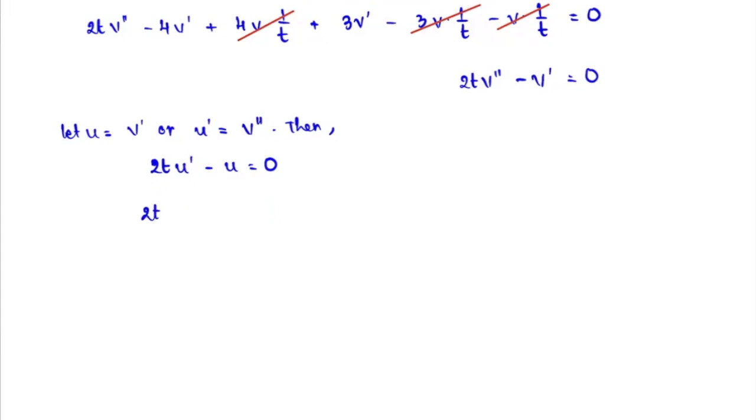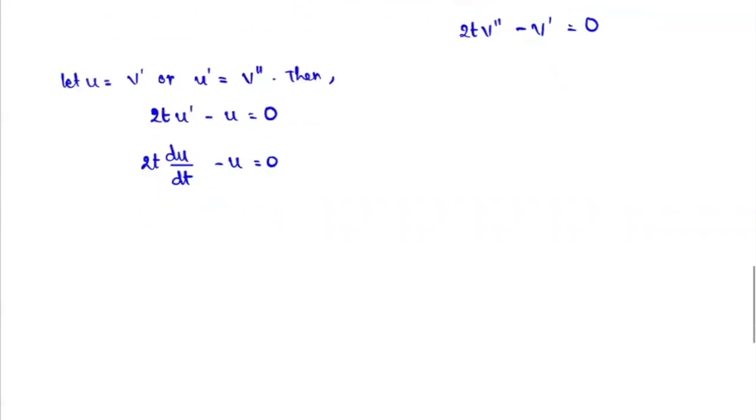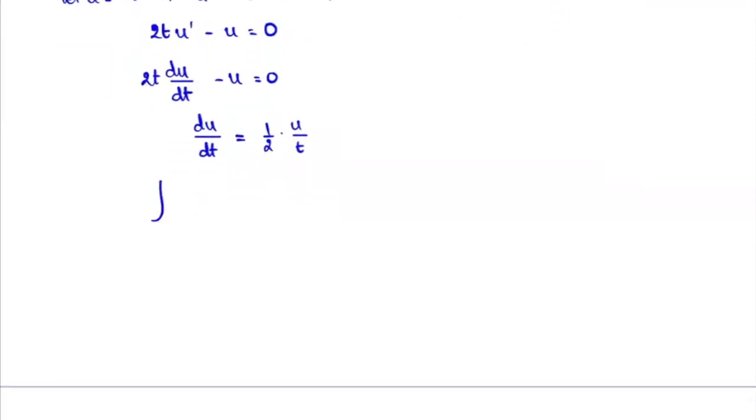You have 2t times du dt minus u, and this is a separable equation. We can use separation of variables to solve it. That is du dt equal to 1/2 times u over t. Okay, or you do this: integral of 1 over u du equal to 1/2 times the integral of 1 over t dt.